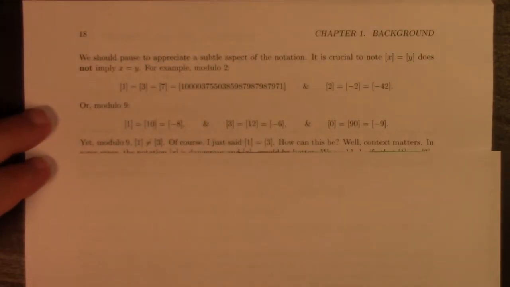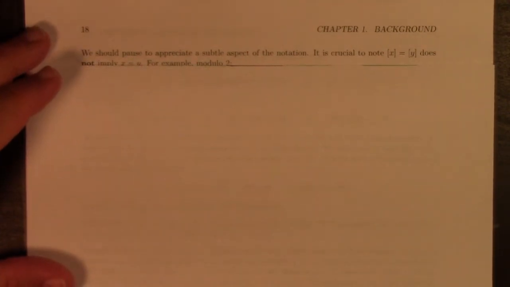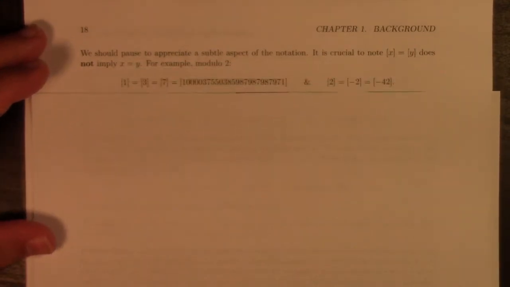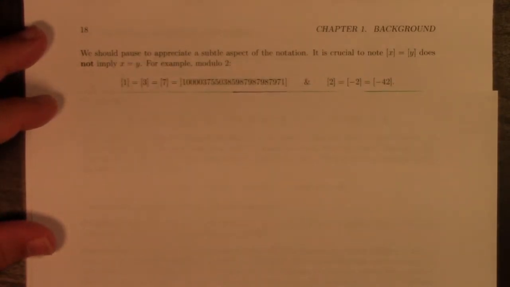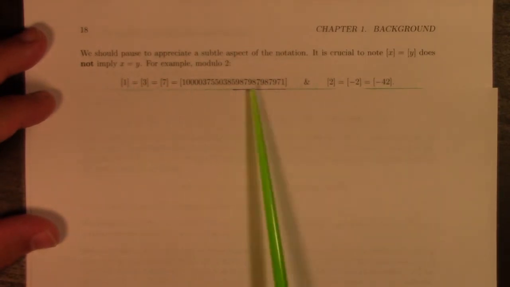We should pause to note a subtle aspect of the notation. It is crucial to note that the equivalence class of x equal to the equivalence class of y does not imply x equals y. For example, modulo 2, the equivalence class shared by 1, 3, and 7 are all equal, but of course the numbers inside the brackets are not equal.